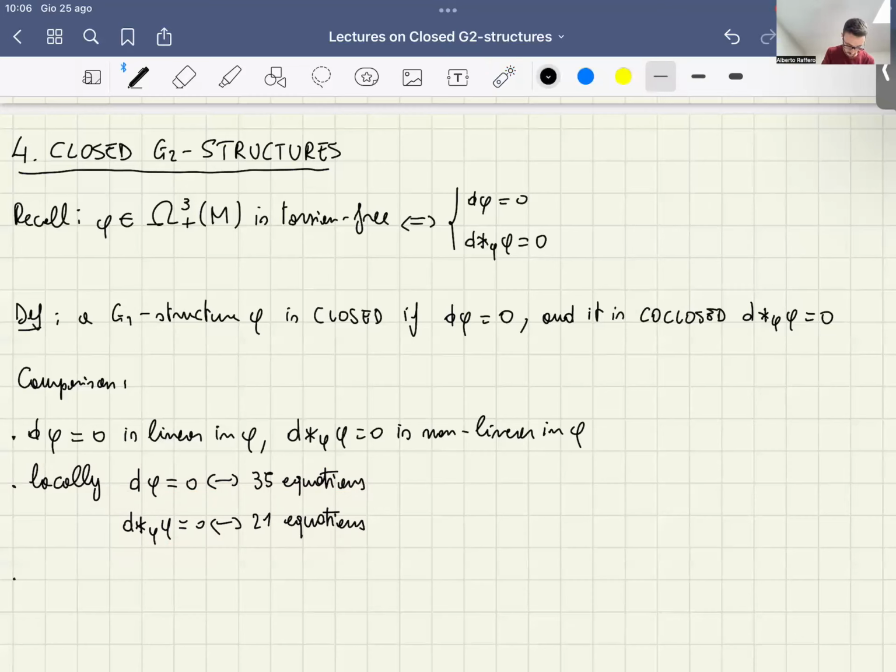Moreover, what it is possible to show using an h-principle argument is that both closed and co-closed G2 structures exist on any open 7-dimensional manifold admitting G2 structures.